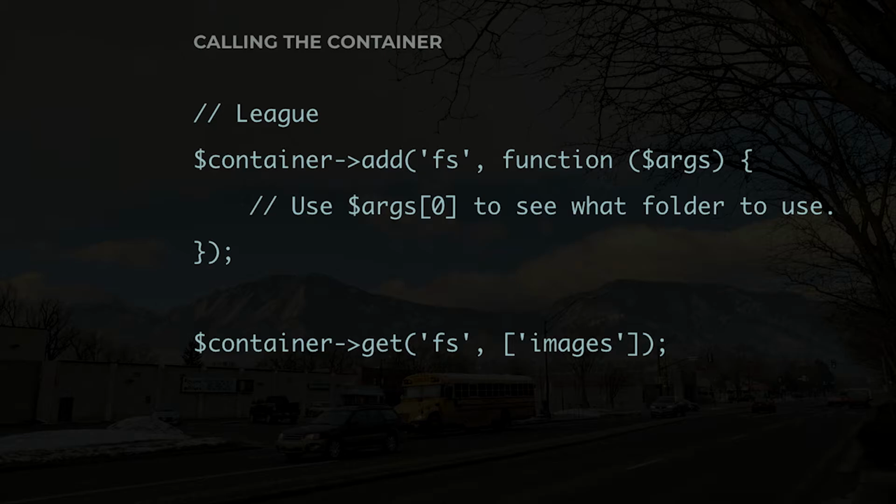For example, when we say container get filesystem, we can add some more parameters here, just to let the container know, well, when you're resolving this, there are some more options. We can say add filesystem, call this function, and then we can look at the arguments that are being passed here. This arguments array will be passed, and then we can do some more stuff with that. We can do some if-else stuff here. For example, we can pass in a folder name or something.